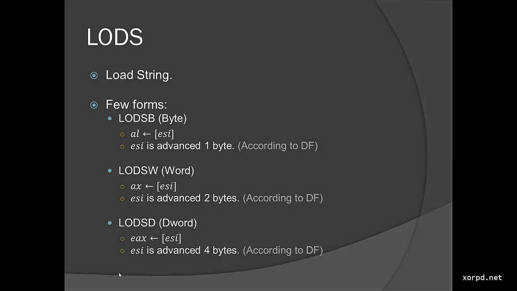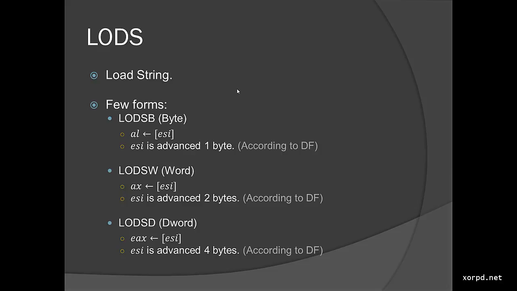I just want to note that this instruction is some kind of complement for the STOS instruction. The STOS instruction takes the value of AL or AX or EAX and stores it into the location pointed by EDI. I remind you that EDI stands for destination index.